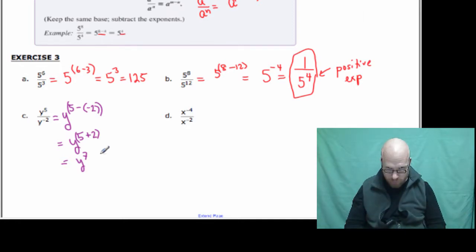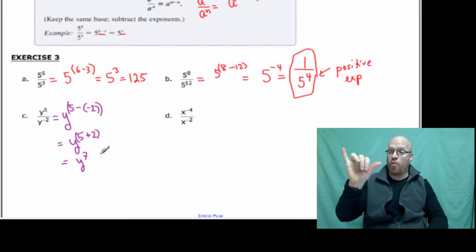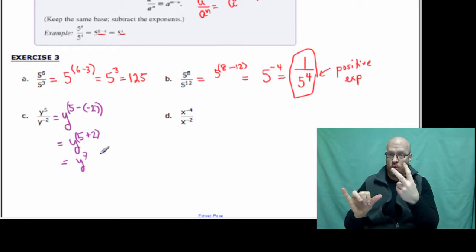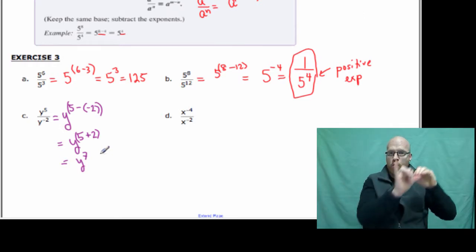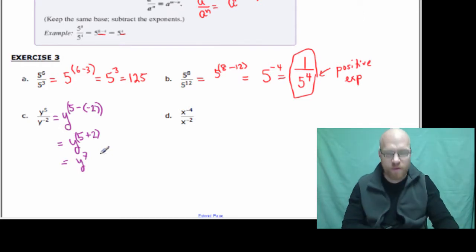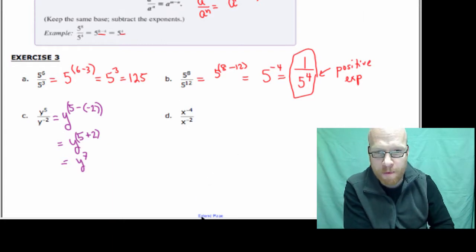Okay, so y to the 7th power. You could figure this out a different way, because we have y to the negative 2 in the denominator. You could move it to the numerator and figure out the answer that way.